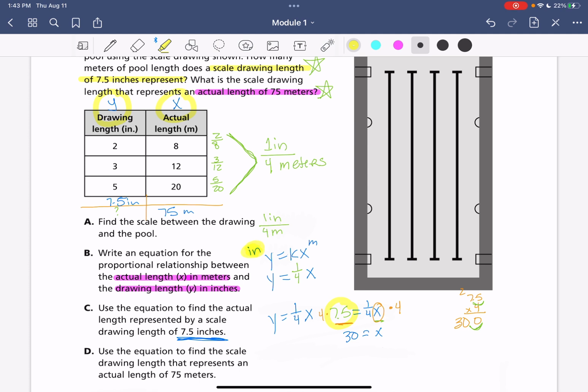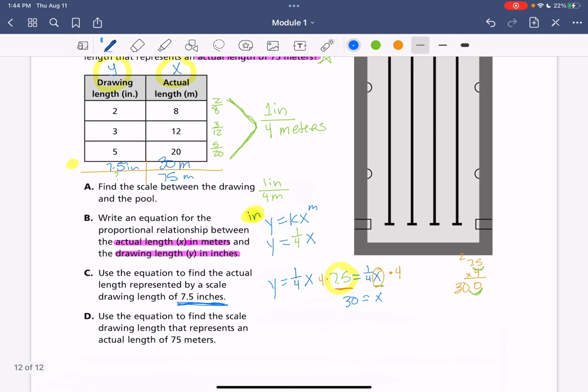So when a scale drawing, going back to our table here, is 7.5 inches, the actual length in real life, in person, 7.5 inches in a map will equate to 30 meters in real life.